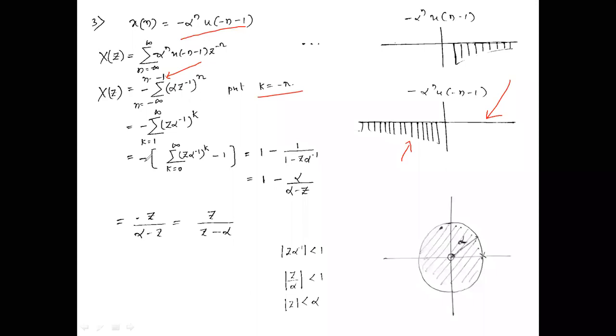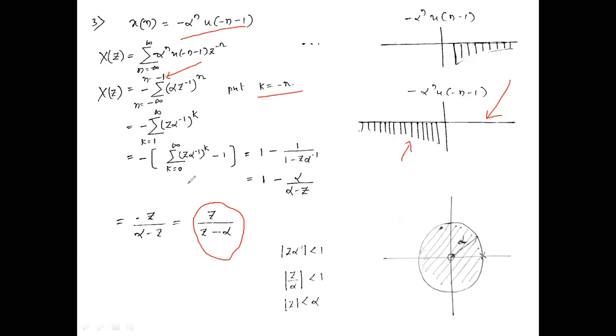The minus sign is once again part of the question, so minus of minus is a plus. The sum from 0 to infinity of alpha is 1 divided by 1 minus alpha. You do the manipulation here and end up getting the same Z transform, z divided by z minus alpha. Now, what about the ROC?